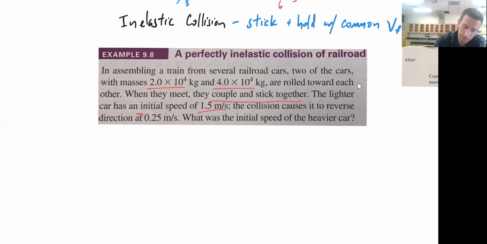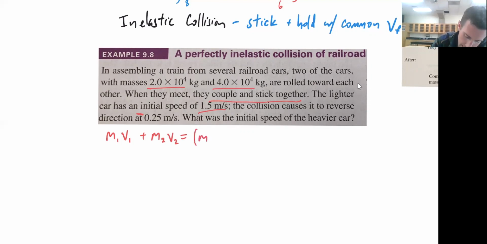Okay, so I'm going to set this one up as the mass of the first one initially times the velocity of the first one initially plus the mass of the second object initially times the velocity of the second object initially is going to be equal to their combined masses.